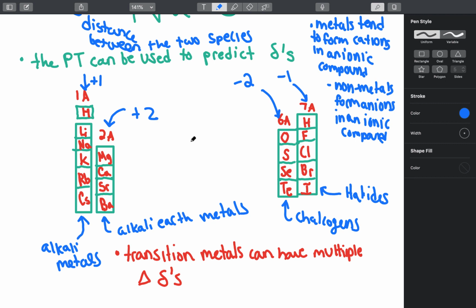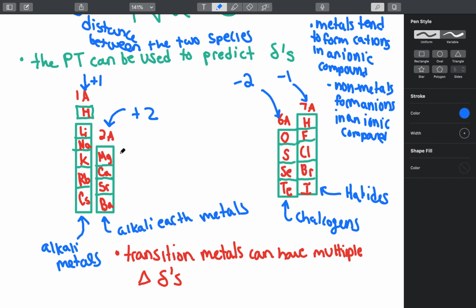So as we get more into naming and more into using these different atoms to make compounds, the less you'll need to memorize these. And the more we get into atomic structure, the more you'll understand why these charges are what they are.